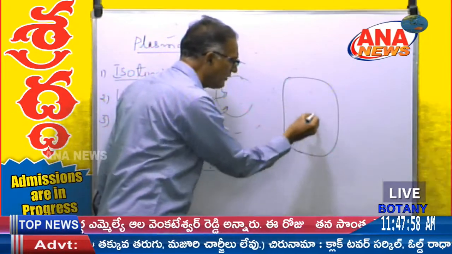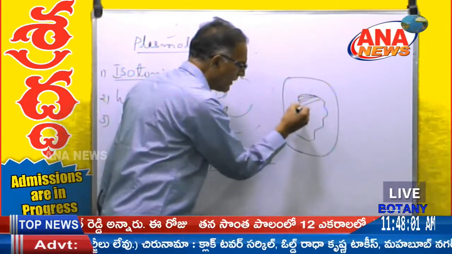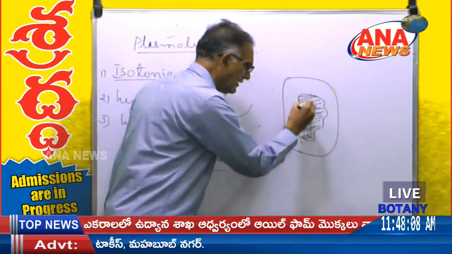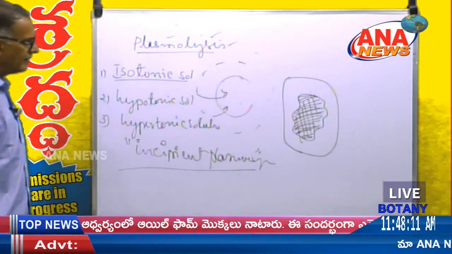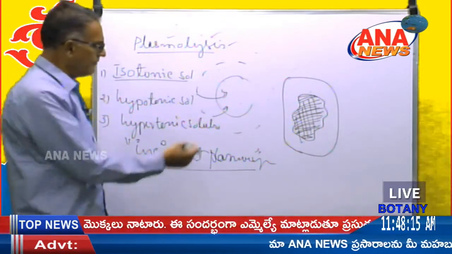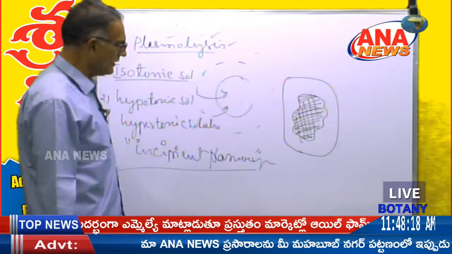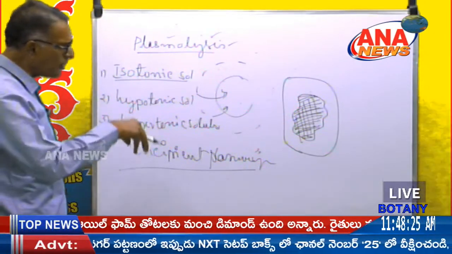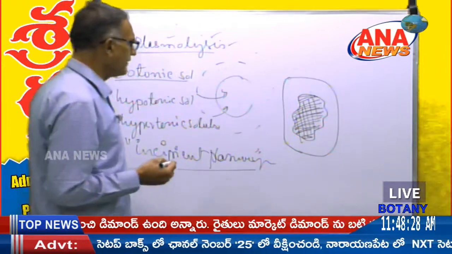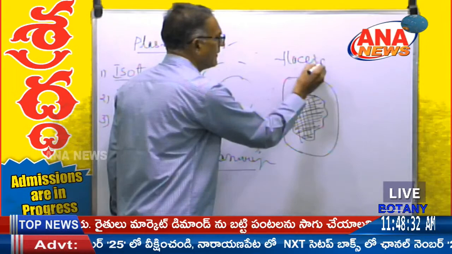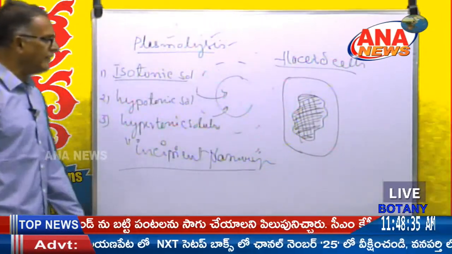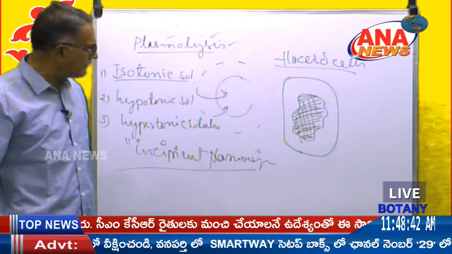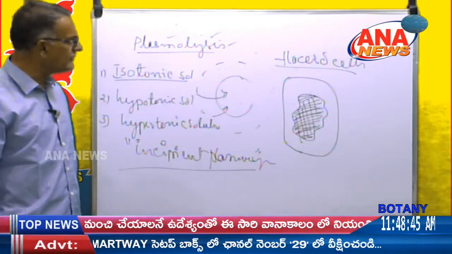When the cells lose complete water, when the water comes out from the cell completely, then such cells are called flaccid cells.